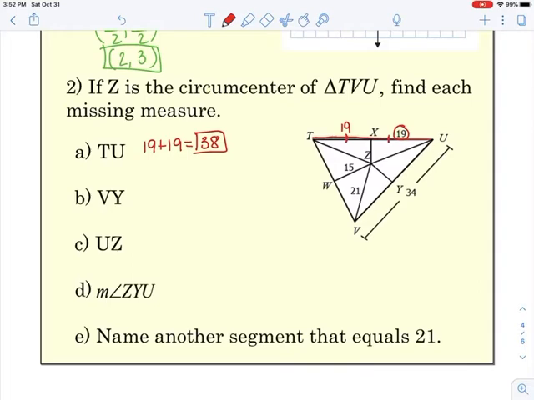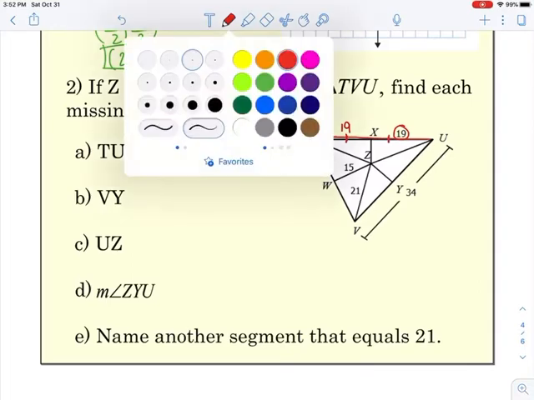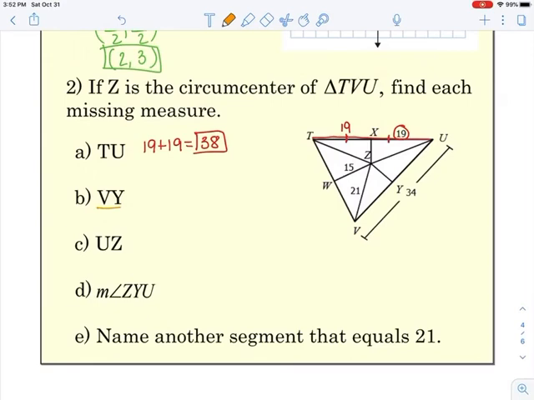The next thing that we need to find is YV. And YV is here. Okay, so again, this is the midpoint of that side. So if the entire side is 34, I can take 34 and divide it by 2 to get 17, and that piece will be 17.